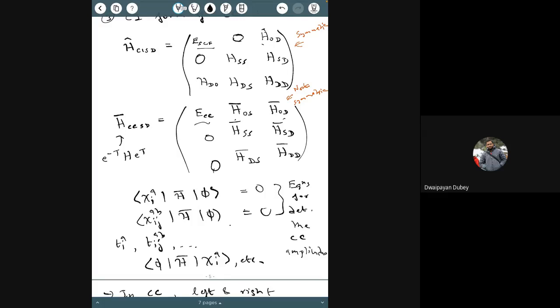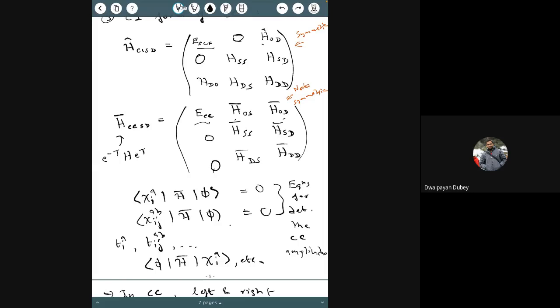And another question, in the coupled cluster matrix, why is the second one, chi_ij^ab Hamiltonian phi, 0? Why this is 0? These are basically the equations that you need to solve to get the values of the cluster amplitudes. They are the coefficients of your wave function expansion.